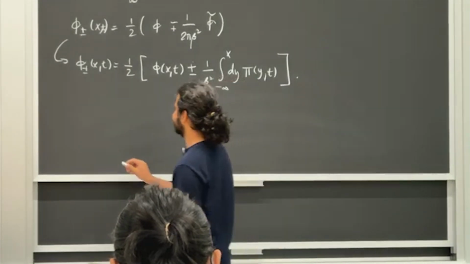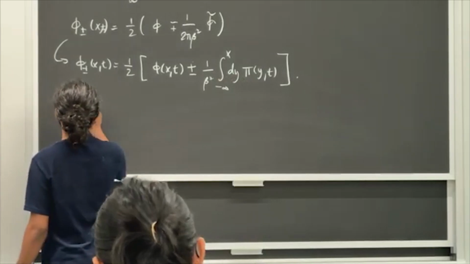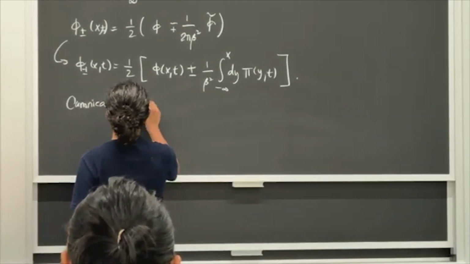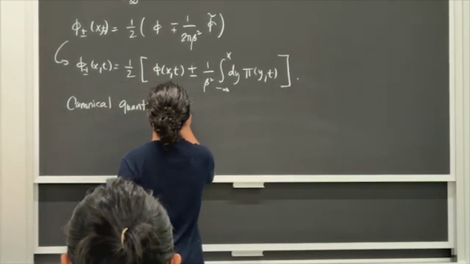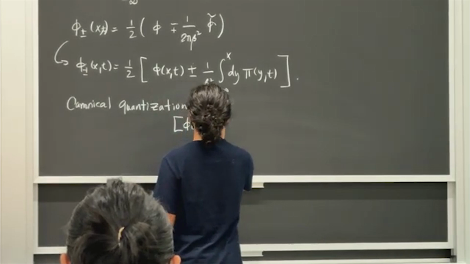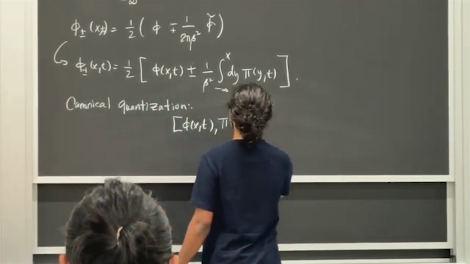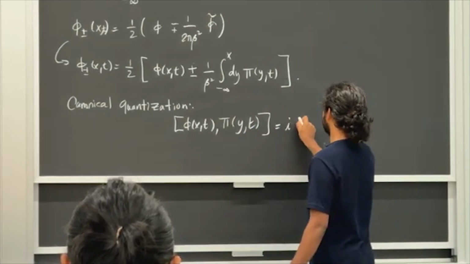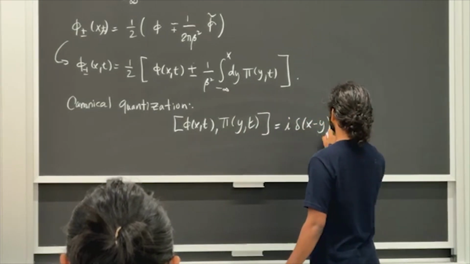So canonical quantization gives us phi xt pi yt for the same t is I delta x minus y.